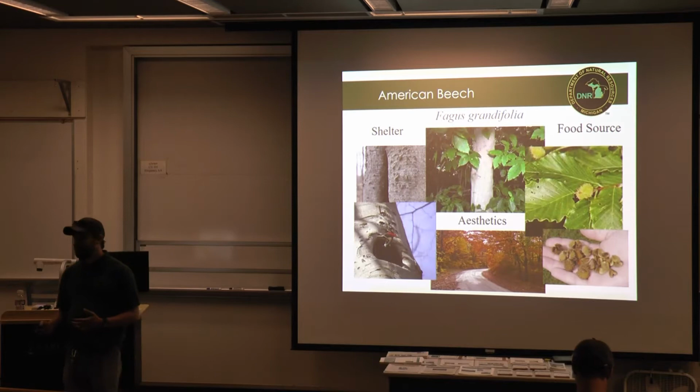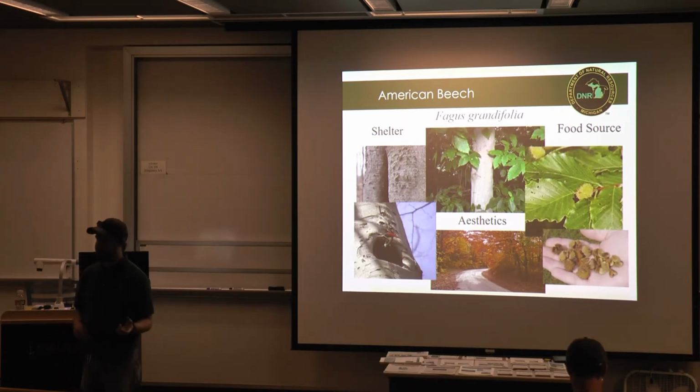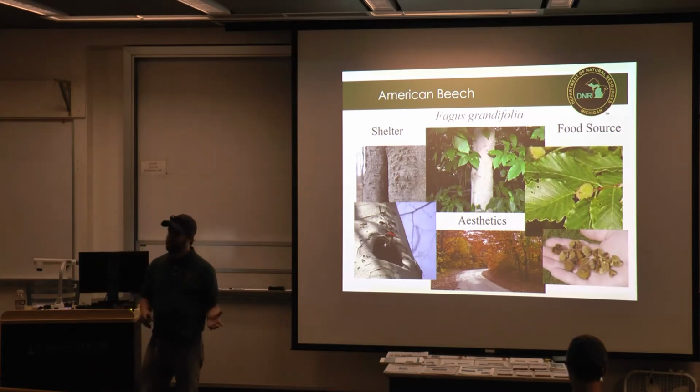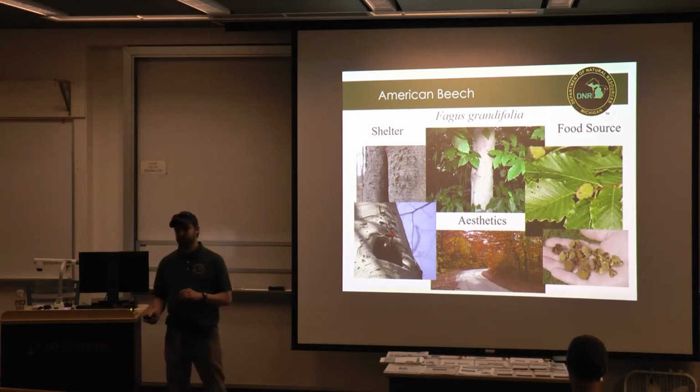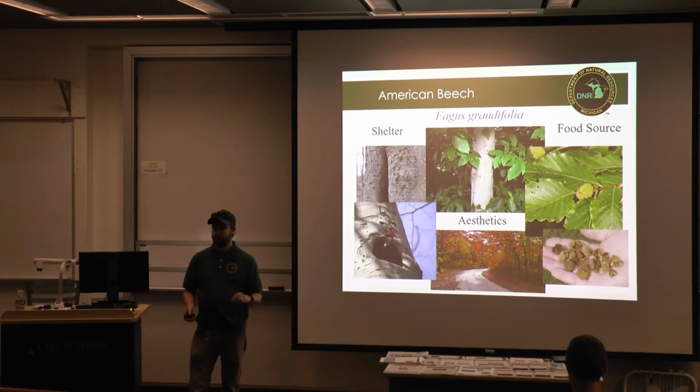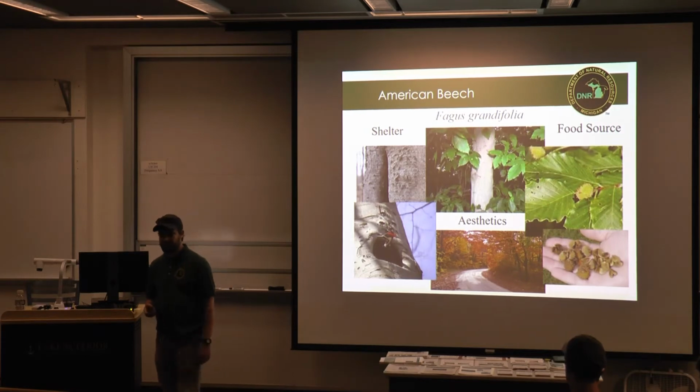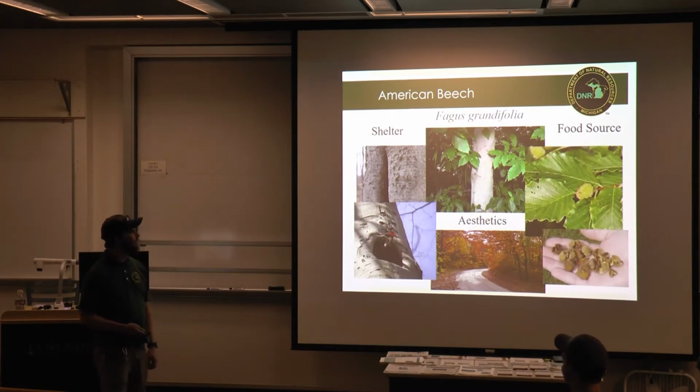The good thing about beech nuts is they have the same amount of protein as a red acorn, and they have the same amount of trans fats as a white acorn. So you get both in one nut. Okay. And they are aesthetically pleasing for a lot of people, and they like to carve their names and stuff into our beech trees.